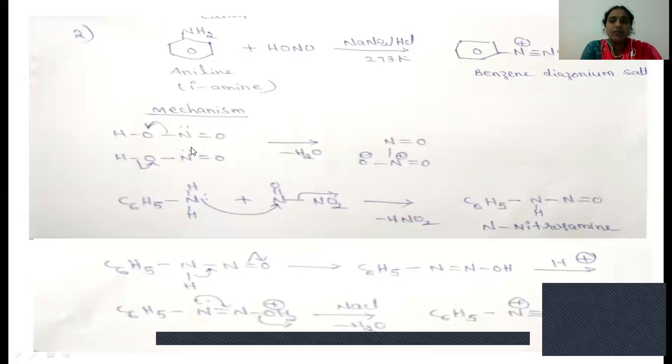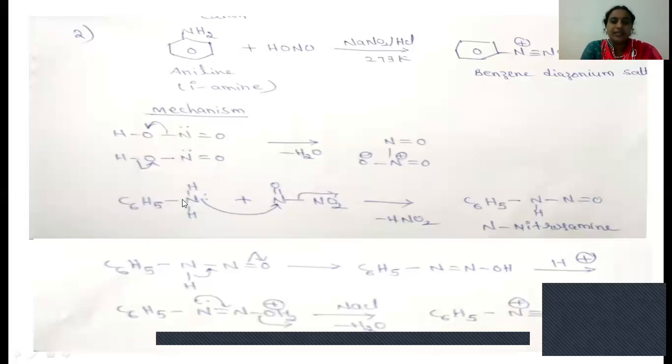This nitrogen donates its lone pair of electrons to the electron-deficient nitrogen, making the bond between the two nitrogens, and since it donated electrons, this nitrogen gets the positive charge.